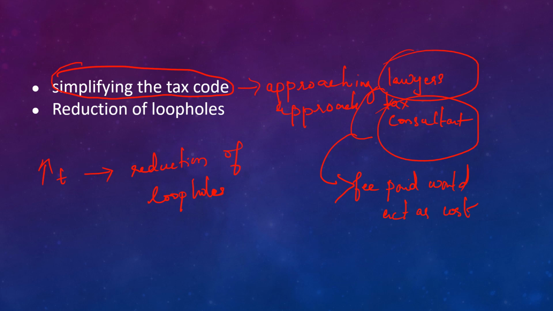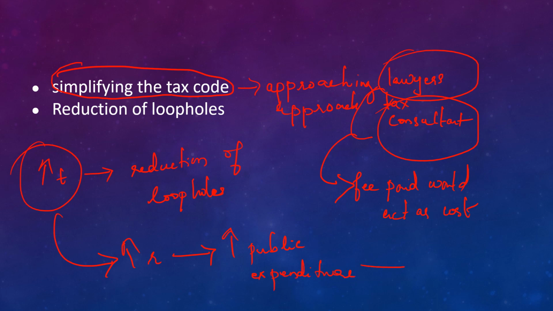If government minimizes the loopholes in the tax code, that will be increasing taxes and that will increase the revenue of the government. That can again increase public expenditure, which will again lead to development.